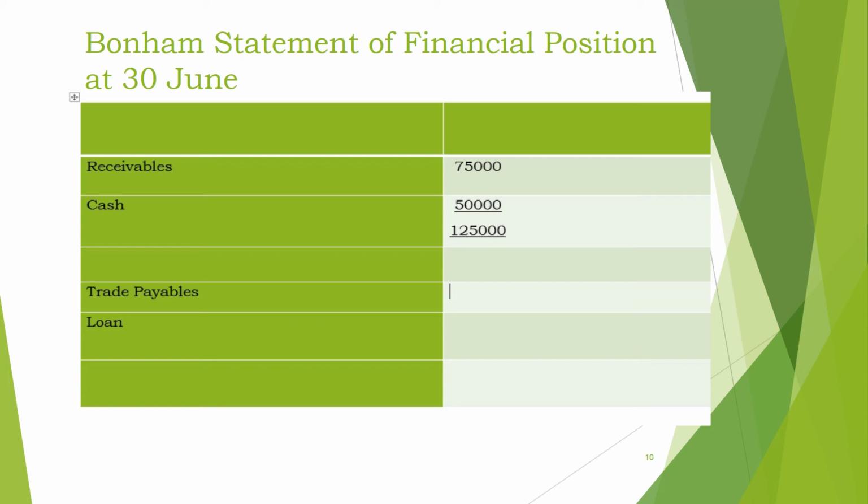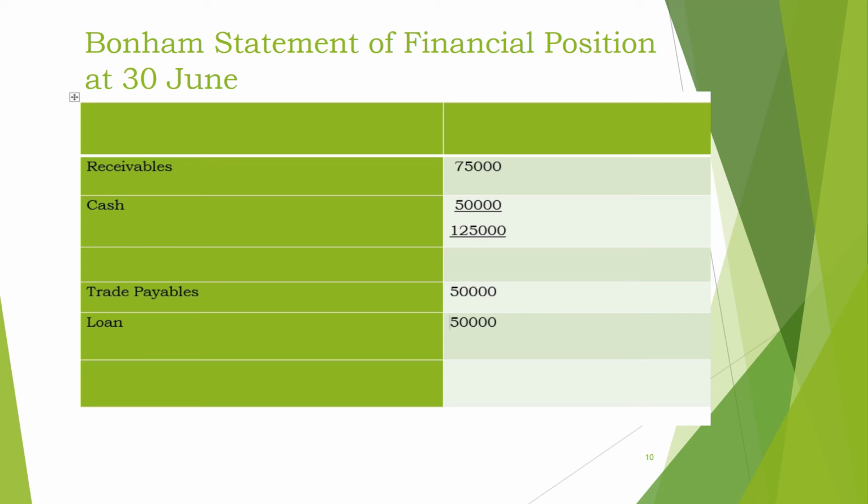Those were the assets; now we're moving down into the liabilities. So the trade payables are 50,000, and that relates to the purchases of items that we made. We purchased the beds, and they cost 50,000. Similarly, the loan is also 50,000 because we borrowed 50,000.